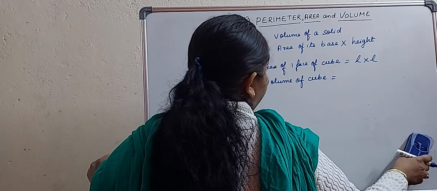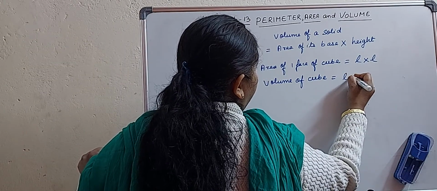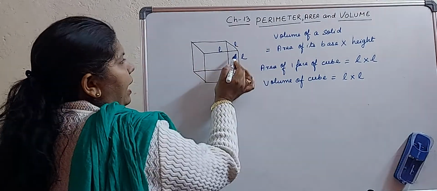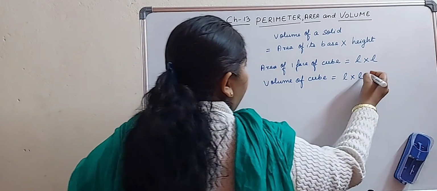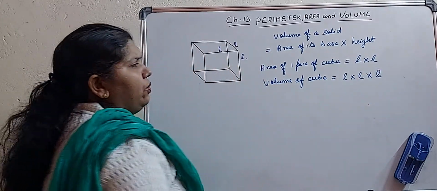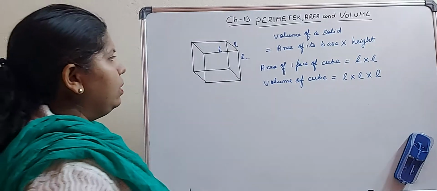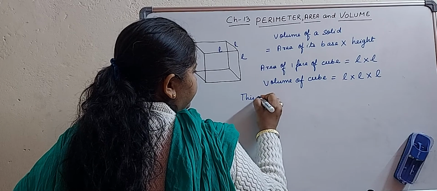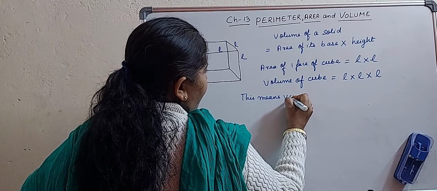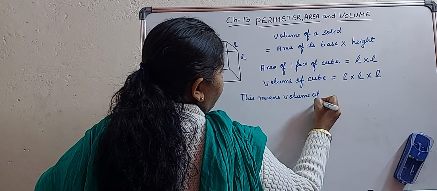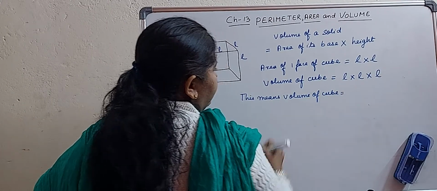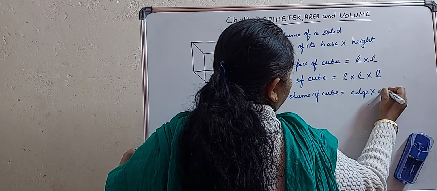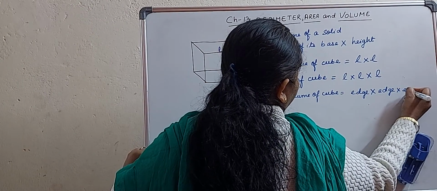So that is L into L, and we know from this figure, from this diagram, the height is also L. So we are writing L into L into L. This means volume of cube is equal to edge into edge into edge.